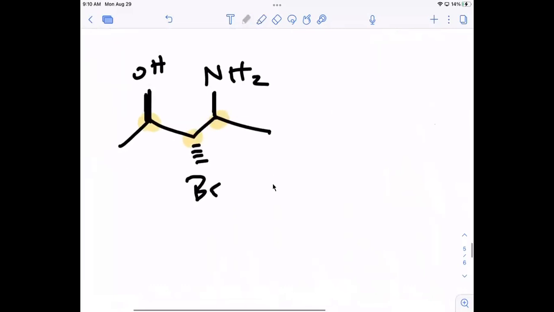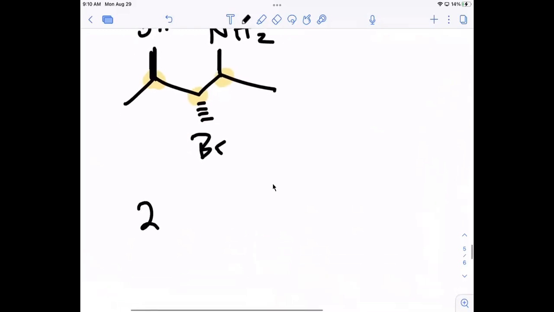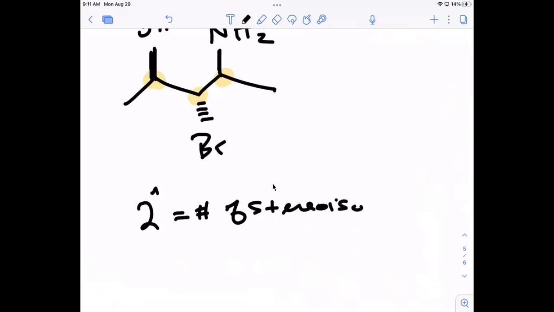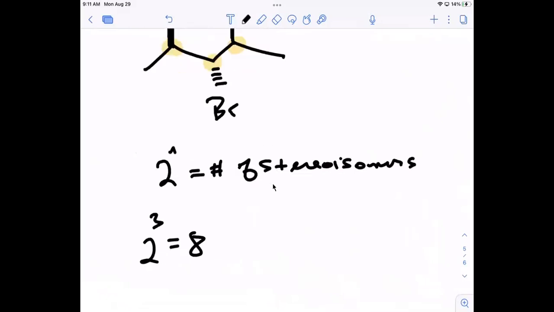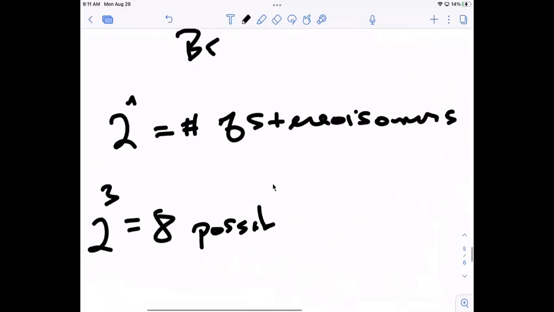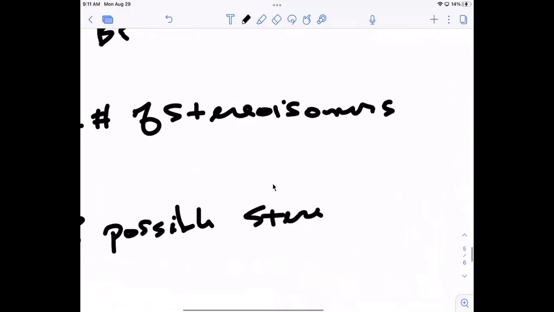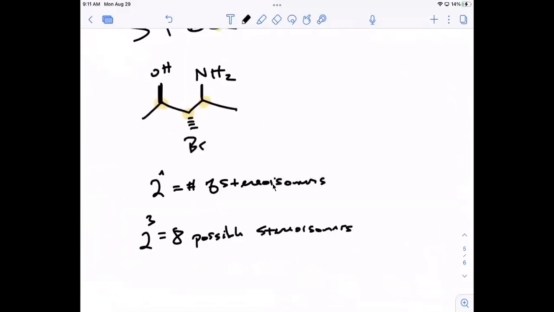The way we determine how many stereoisomers are possible for any given molecule containing chiral centers is we use the equation 2 to the n, where n is the number of chiral centers. In this case, we have three chiral centers, so 2 to the third is 8. So you have 8 possible stereoisomers.